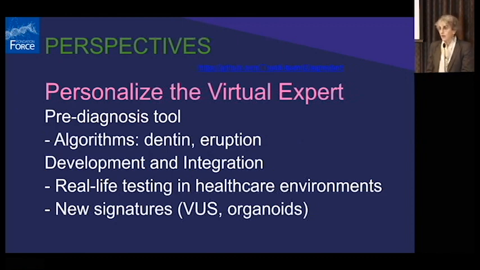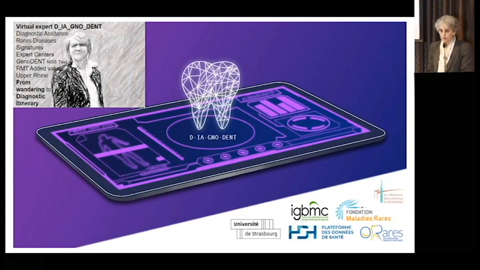And then we have some response whether the variants are or are not able to modify the cells and interfere with enamel dentine development to identify further signatures, either new genes or really variants of unknown significance, and go back to the patient with a proper personalized medicine diagnosis. So these are the keywords of the project, DiagnoDent.